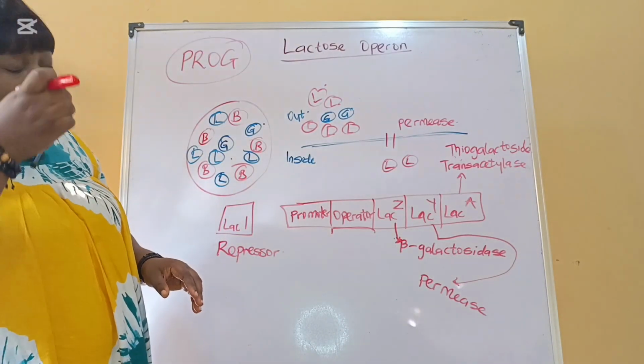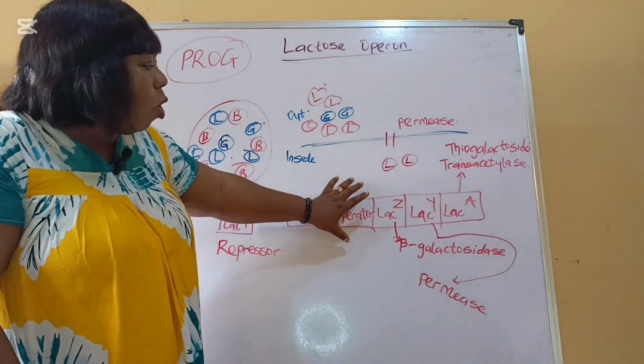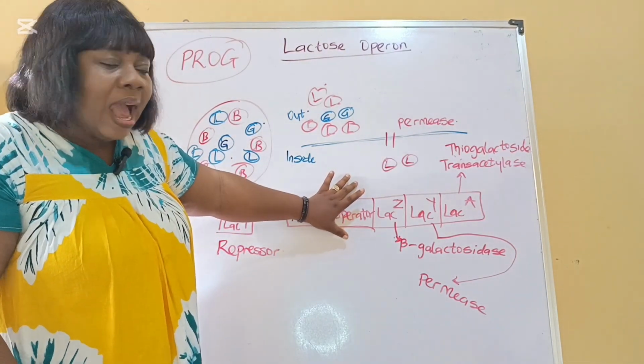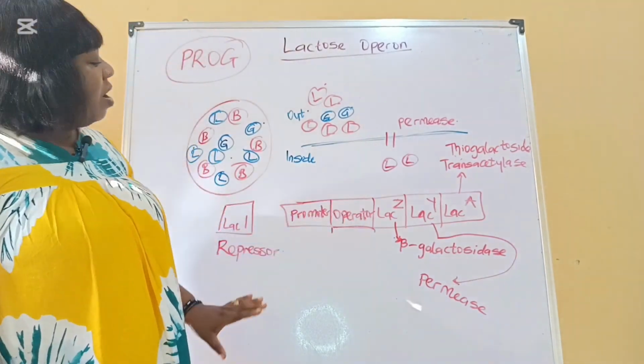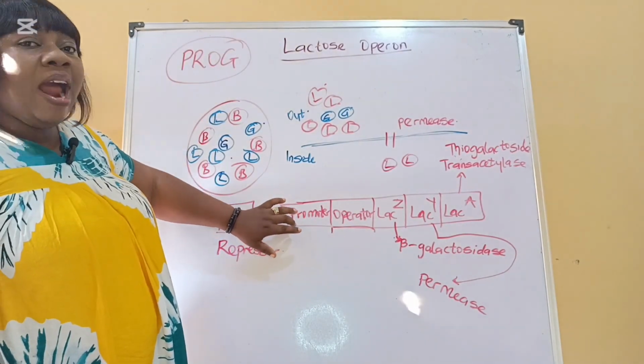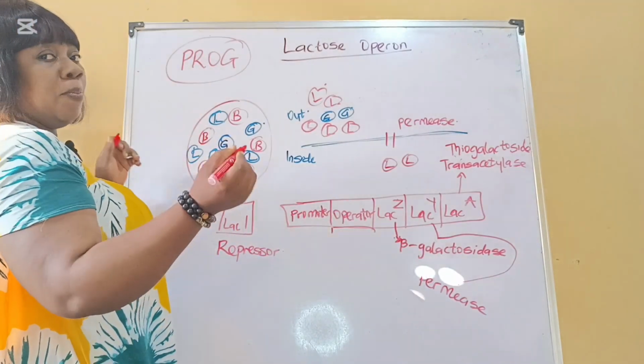Let's go back to the operon. The repressor will bind with this operator. As long as this repressor is binding with this operator, there is no way RNA polymerase can move here. It's like a gatekeeper.